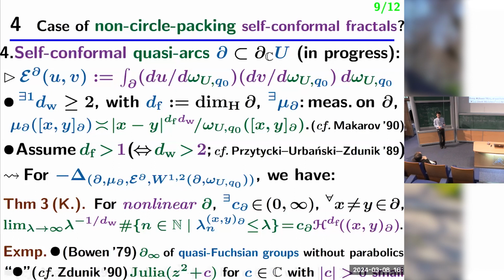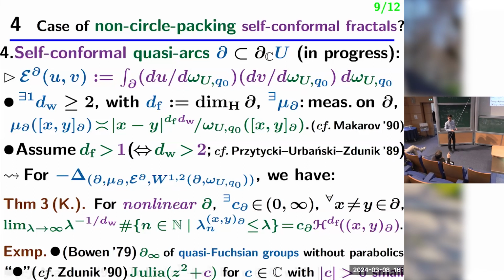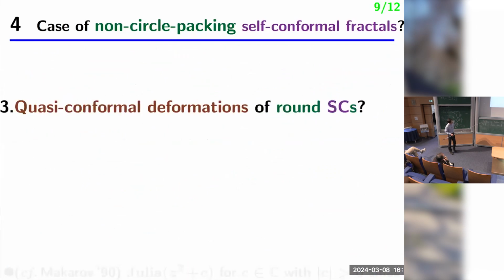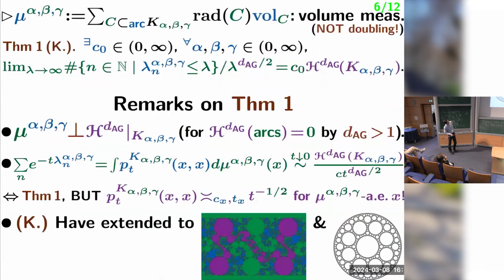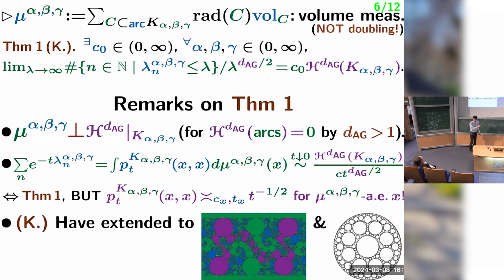Yes. Just about the coefficients before this 1 over square root of t in the diagonal of the heat kernel. You have an explicit expression for this. I can give some very crude estimate. That's possible.